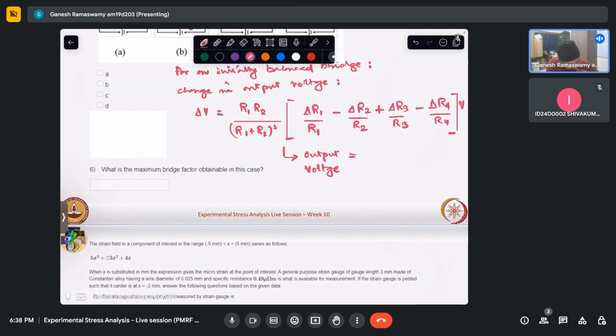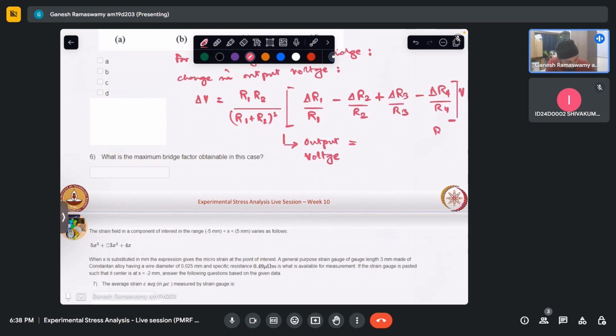So what this means is the output voltage is given by, we generally take one factor, let us say R2 by R1. We'll name it some letter. I think it is M, that is what is named in the lecture. So if we work this quantity out in terms of M, it will come out to be 1 by (1 plus M) squared or something. And then we'll just sum this up.